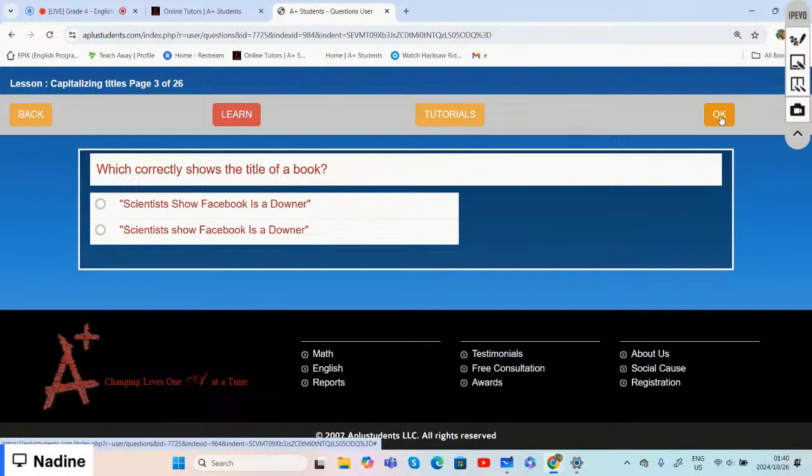And then the next one, it says, which correctly shows the title of a book?